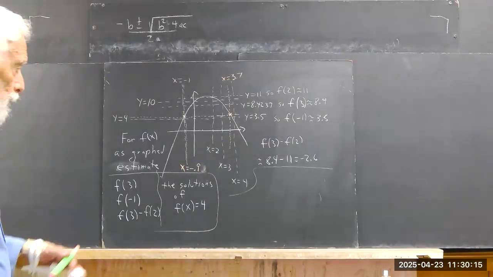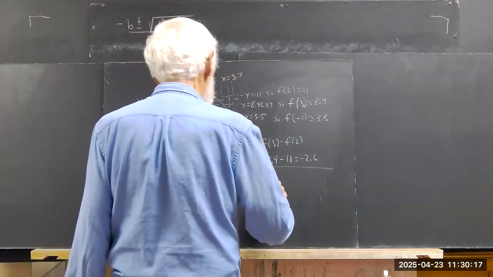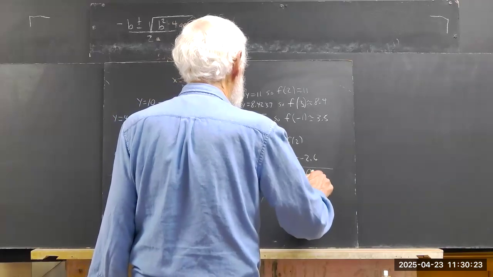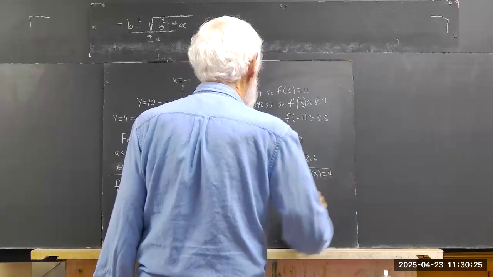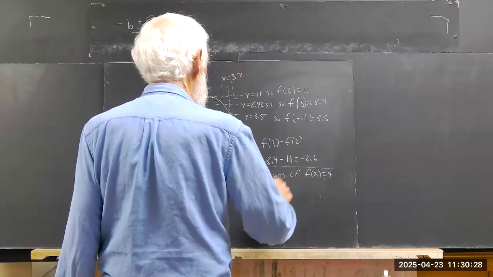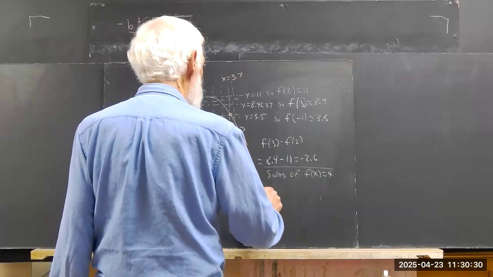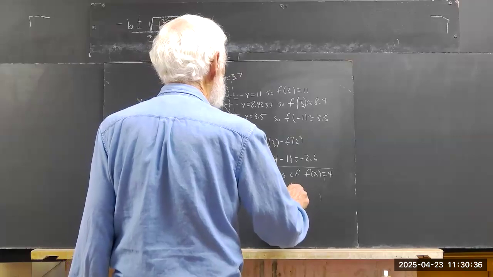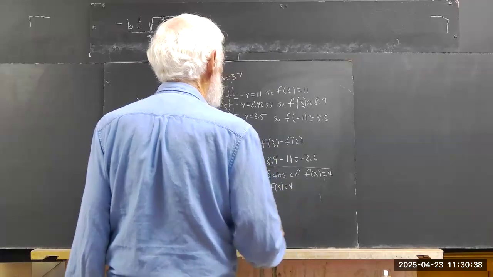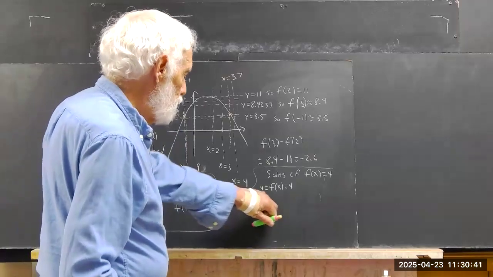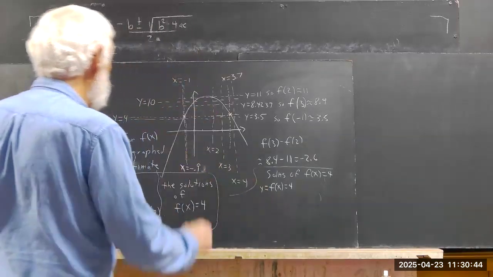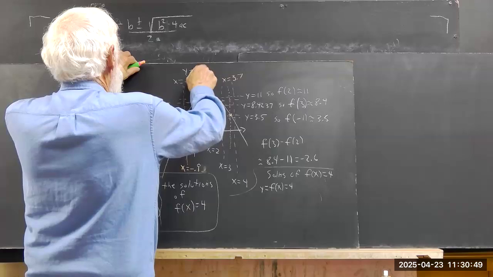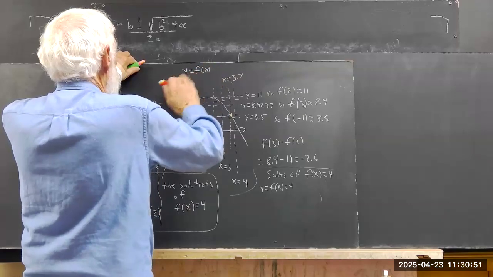Okay, so I'll make a statement over here. Solutions of f of x equals 4. Well, say y equals f of x in this graph. And I should have probably labeled the graph y equals f of x.